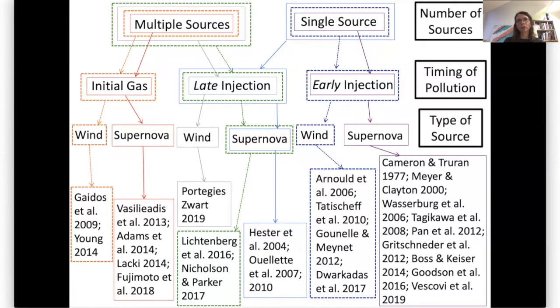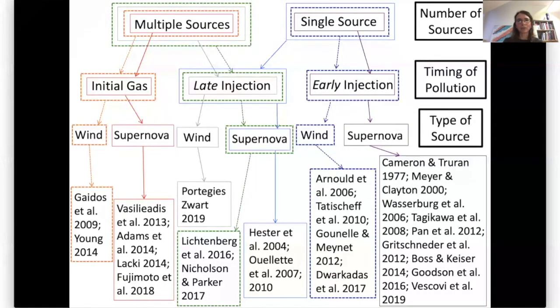So if we start from the top of this diagram, you see the number of sources. Multiple sources is basically the global scenario I mentioned before. So it wasn't just one star, but a lot of stars enriching the gas or the cloud. The single source is more like the local source, that there was one star responsible for the aluminum-26.